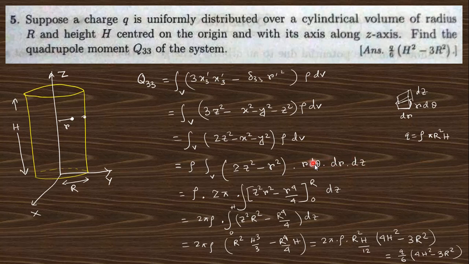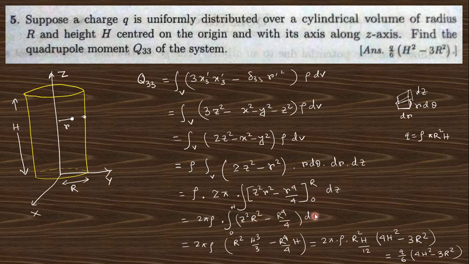If you integrate d theta from 0 to 2 pi, you get 2 pi. Then integrating with respect to r, there is 2z square r, so integrating gives r square by 2, and these two cancel out, giving z square r square, and for the other term r cube integrates to r to the power 4 by 4, from 0 to R. Putting the value of capital R, you get z square R square minus R to the power 4 by 4, dz.